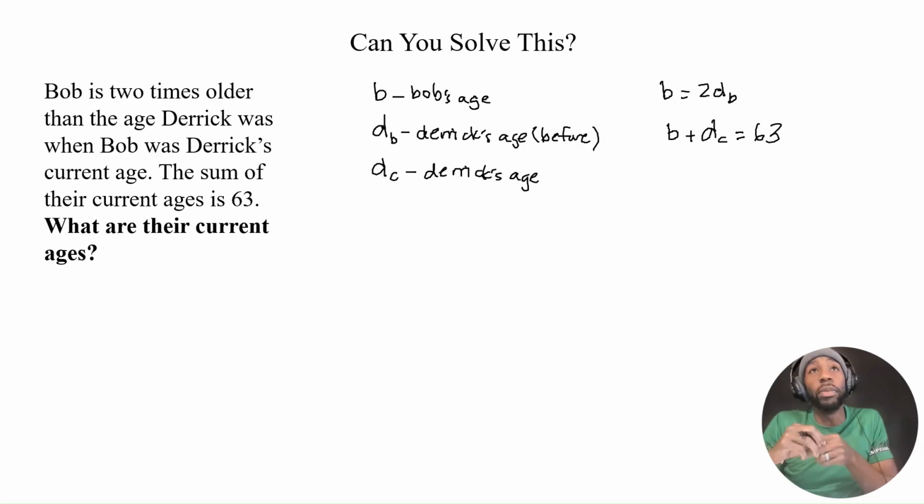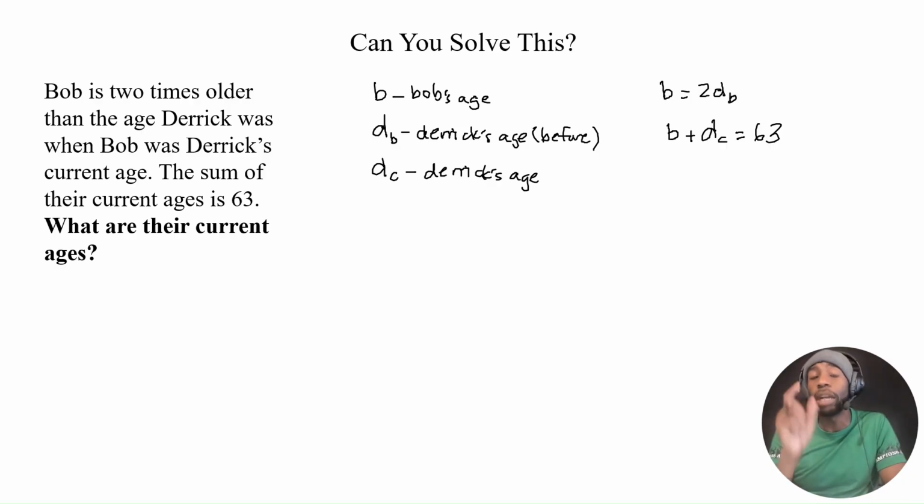When you were 7, he was 9. Hopefully I said that in the right order. But you see what I'm saying? There's always going to be a difference of 2 years between you. Even though Bob is twice Derek's previous age now, the difference between their ages was always the same.